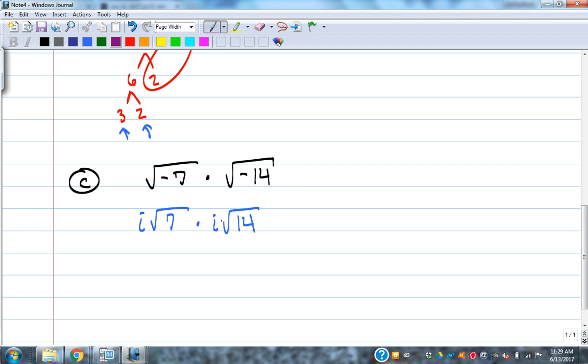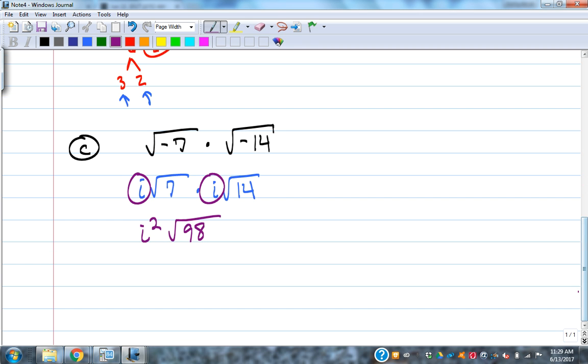So we're going to multiply these together now. i times i is i squared. And then 7 times 14, that'd be 70 plus 28, that'd be 98. And then I'm going to simplify that. I have that 7 and 14. That's 7 and 2, so there's a pair of 7s. So 7i squared radical 2.